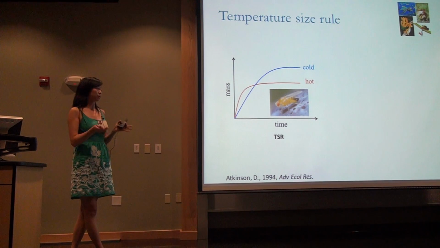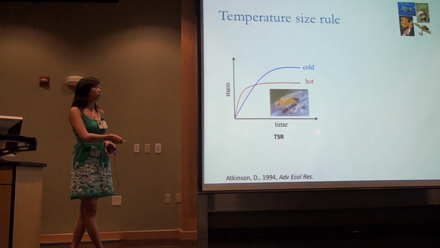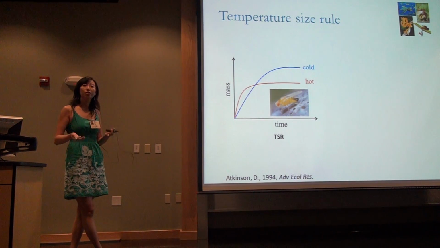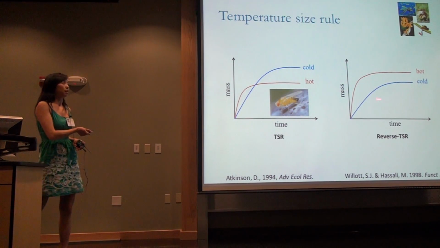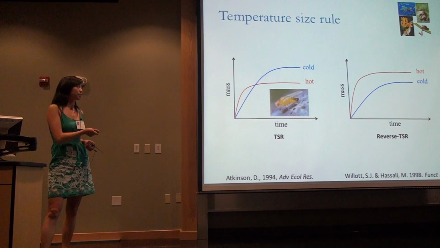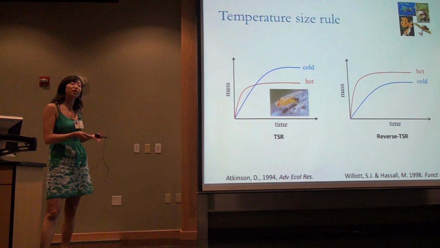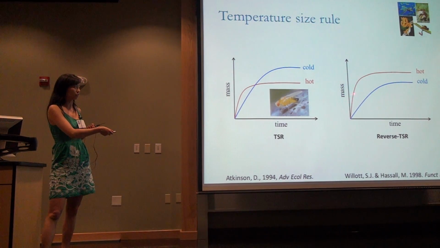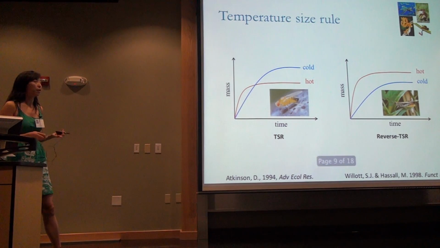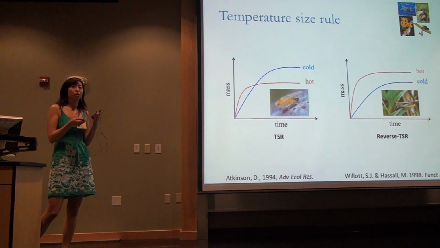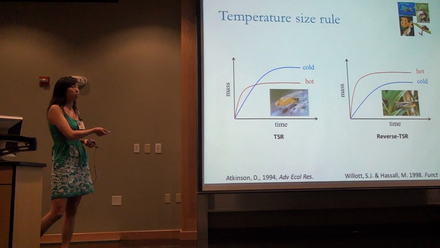We know the majority of ectotherms follow this temperature size rule, but there are exceptions. There is a small number of ectotherms that still grow faster and mature early, because you can see the slope is steeper and they mature early, but they end up at a bigger size compared to the same species grown in the lower temperature.